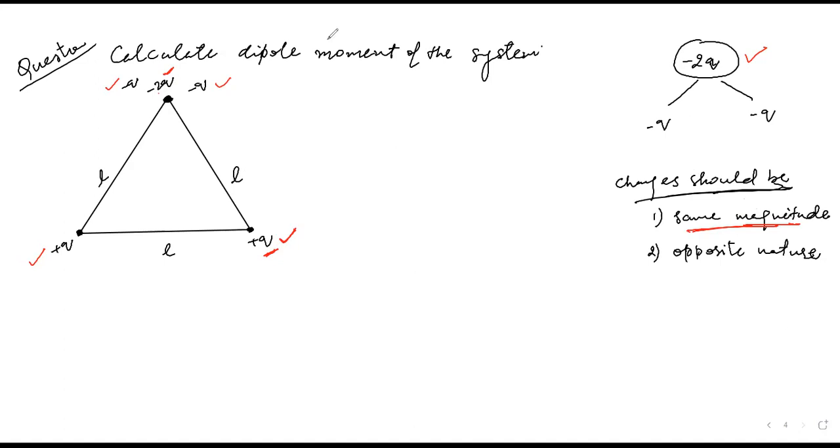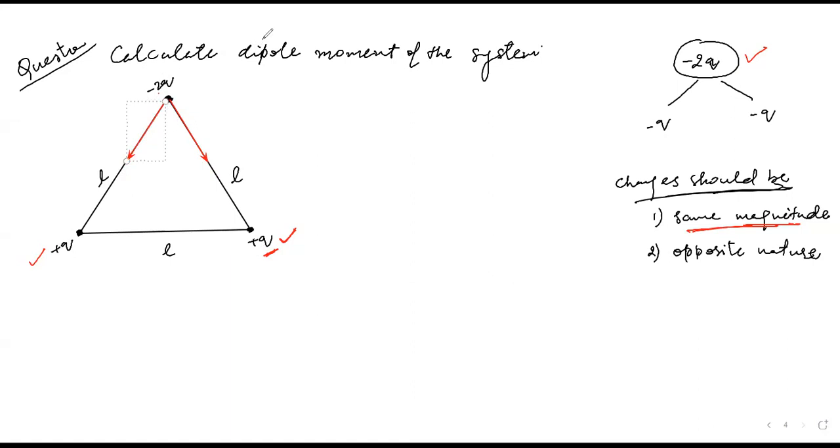Okay. And now we have divided this minus 2q charge. Then what will be the direction of the dipole for the plus q charge? It will be along this direction. And for the another plus q charge, it will be along this direction.